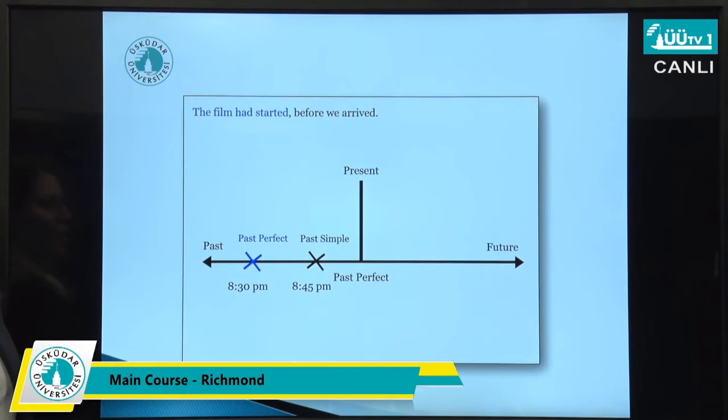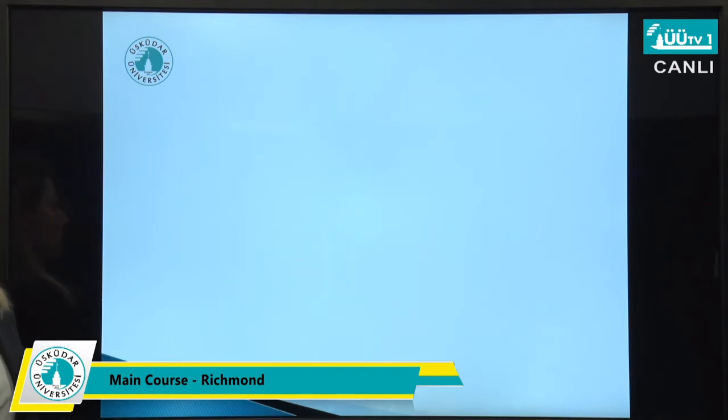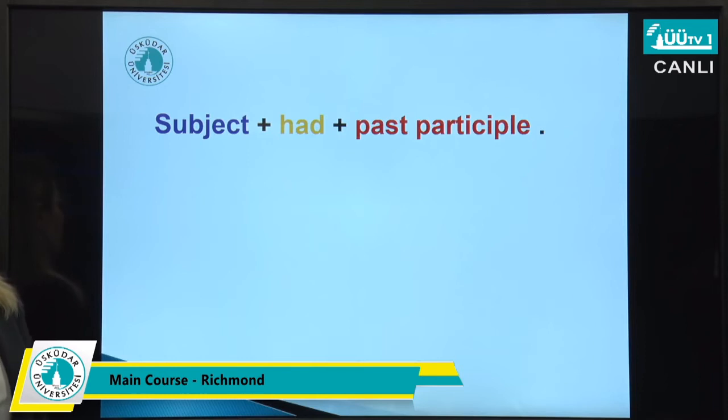The other one, 8:30, closer to past, is past perfect. So let's go for the forming: subject plus had plus past participle.